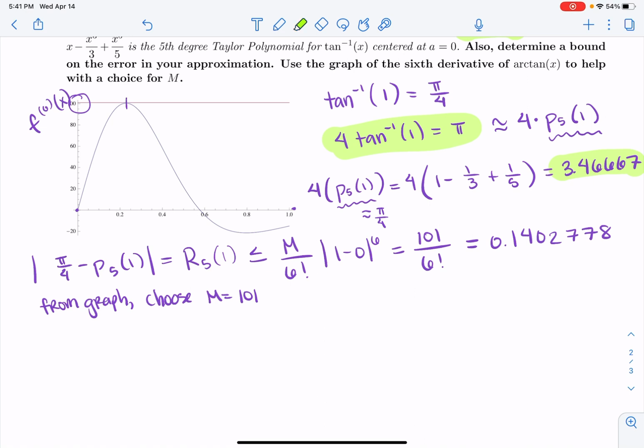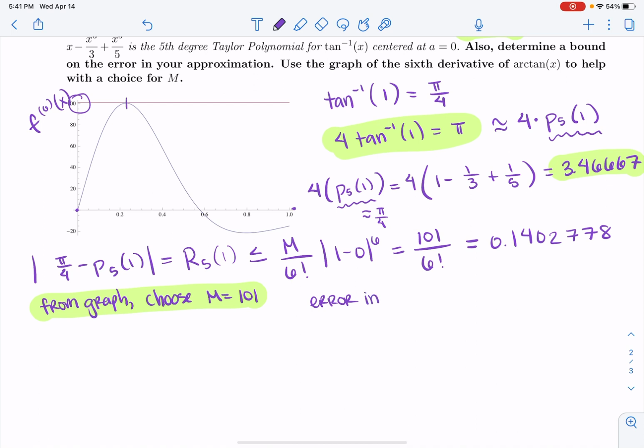Okay, so that was important for my justification. This is a quarter of my bound on the error.